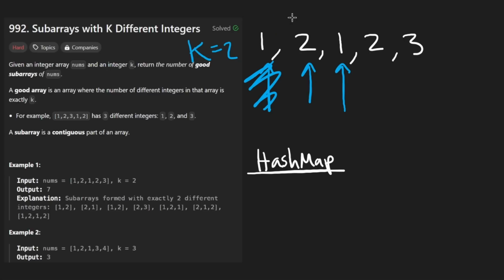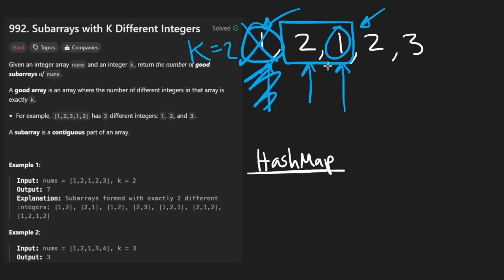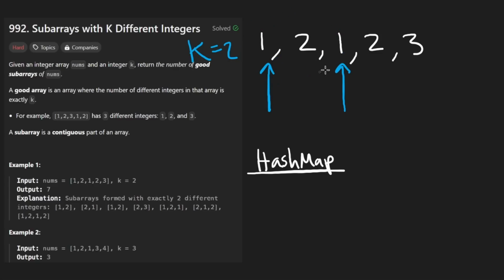Because the count of this element is not equal to 1, it's greater than 1. That means we can afford to lose this and our window is still valid because we have 2 occurrences of 1 right now. Pop it, it's okay, we still are good. Okay, cool. So continuing with this idea, at this point, I'm going to shift this pointer here now. We counted 3 subarrays. This one, and then after shifting the left pointer here, we also count this one.